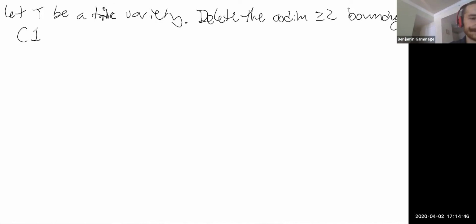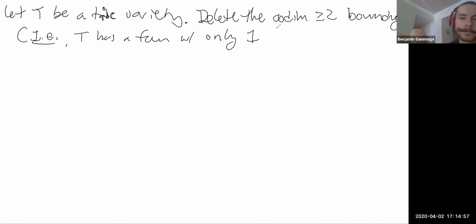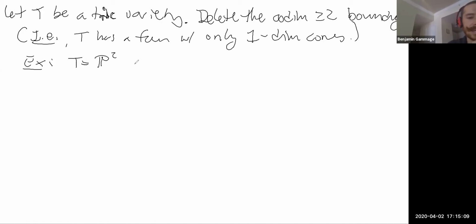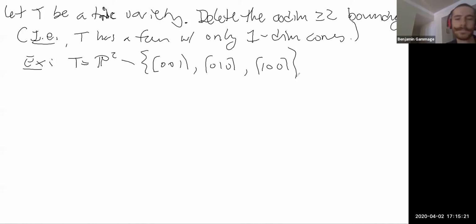So in other words, in terms of the fan, T has a fan with only one-dimensional cones. An example of what I mean is to start with T equals P2, and then delete the points 0,0,1; 0,1,0; 1,0,0, since those are the 3 points that are codimension 2 inside the toric boundary.